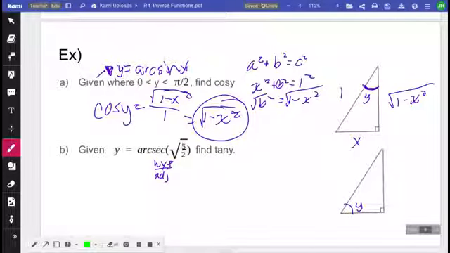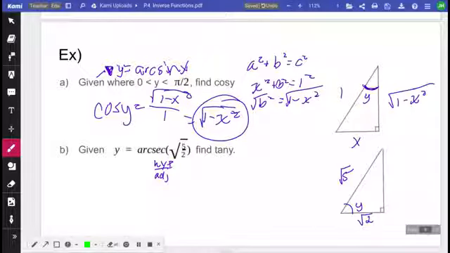That's how secant's going to work. So my hypotenuse has to be root 5, and my denominator would have to be root 2, in order for it to be adjacent.